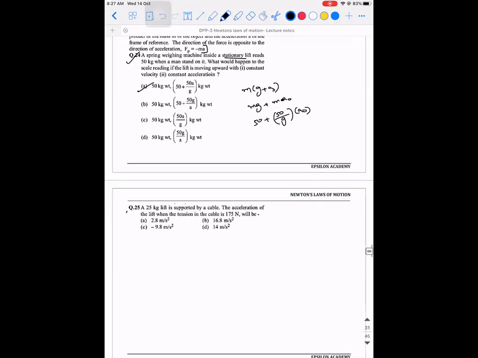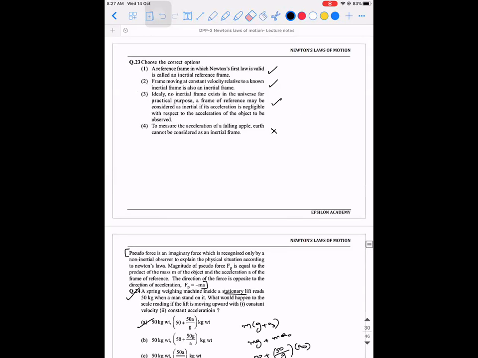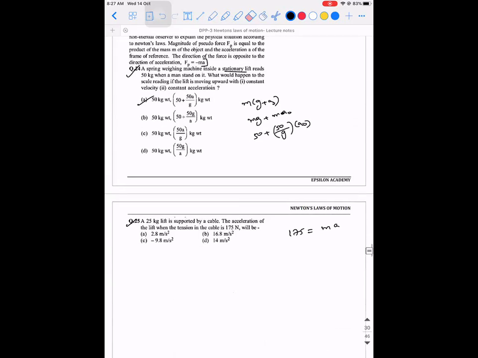So 25th. A 25 kilogram lift is supported by a cable. The acceleration of the lift when the tension of the cable is 175 Newton will be direct. F is equal to m into A. Mass is how much? 25 into A. So A will be how much, guys?